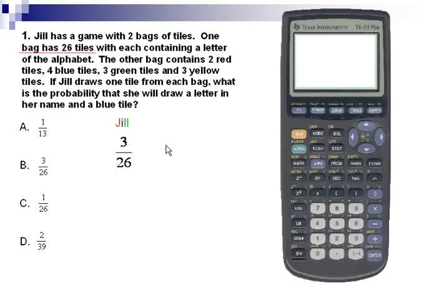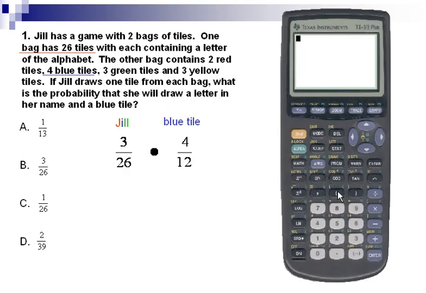In order to draw a blue tile, there are 4 blue tiles in that bag out of a possible 12, and you find the 12 by adding the total number of tiles together. Since it says "and," you need to multiply.